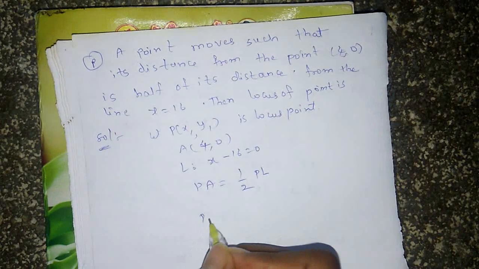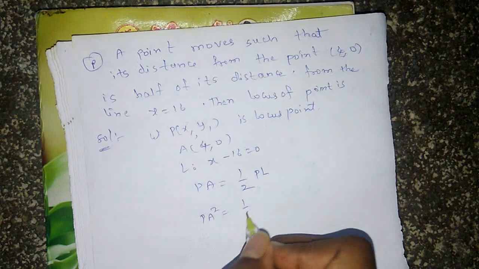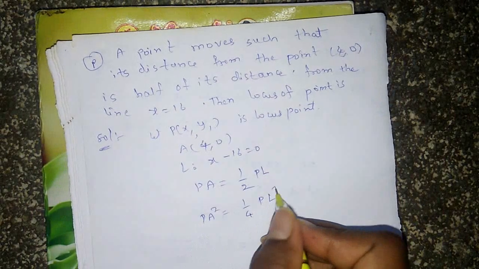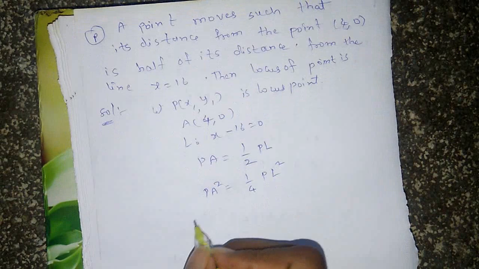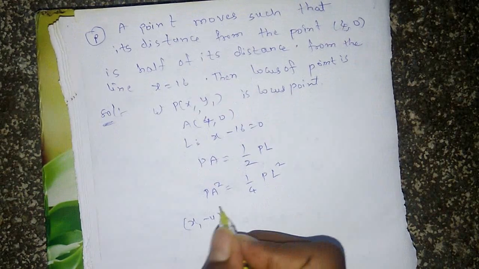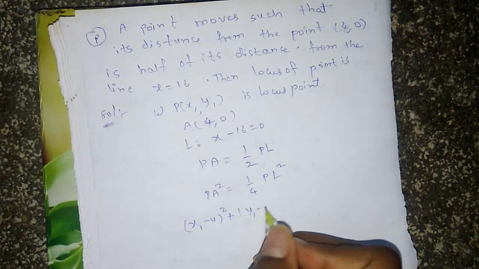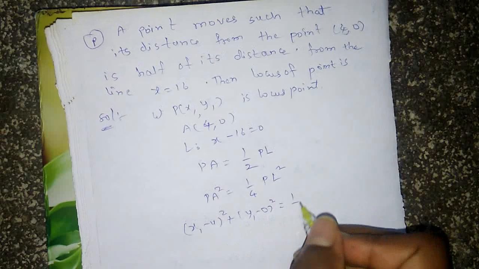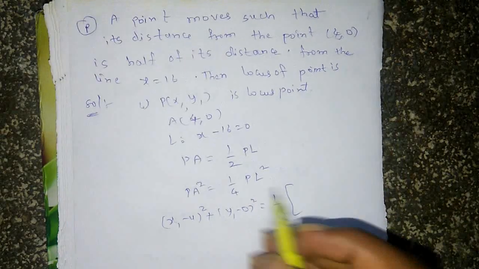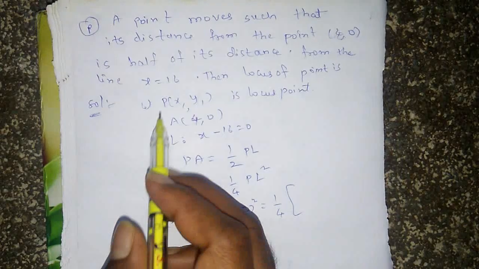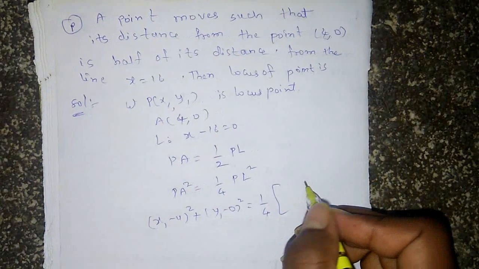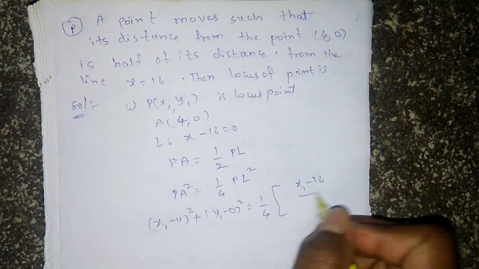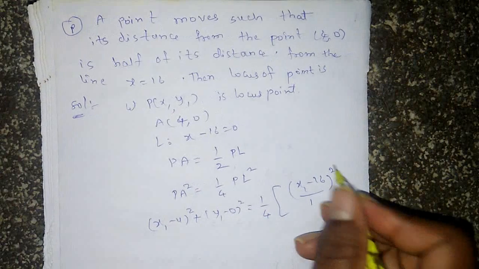So that is PA squared is equal to 1/4 PL squared. So here PA squared is (x1 - 4)^2 + (y1 - 0)^2 is equal to 1/4 into PL squared, the perpendicular distance from P to the line, that is (x1 - 16)/1, whole squared.